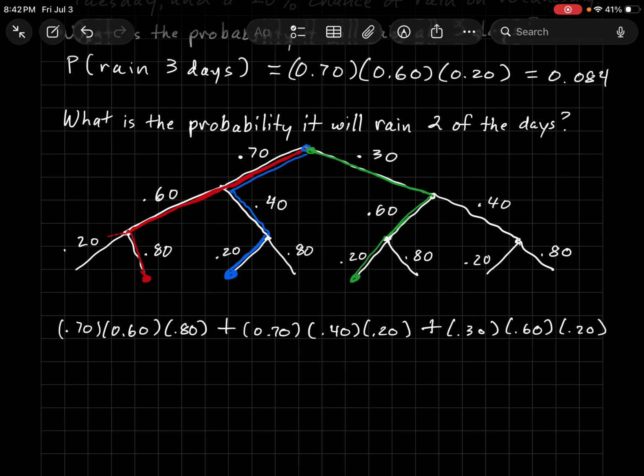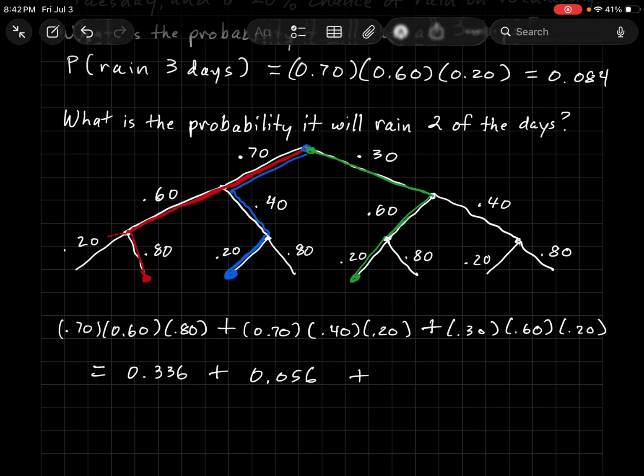So we could continue. If we really want an answer, we could do 0.7 times 0.6 times 0.8. So the probability of the red path is 0.336. The probability of the blue path, 0.7 times 0.4 times 0.2, is 0.056.